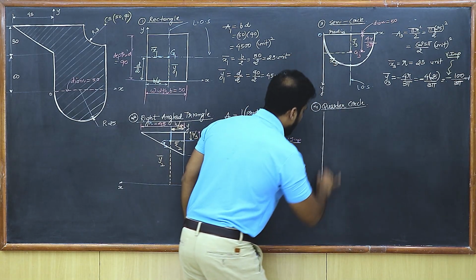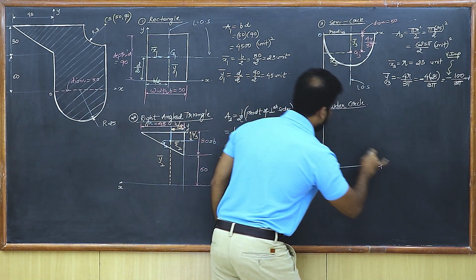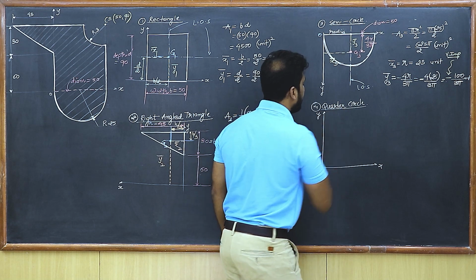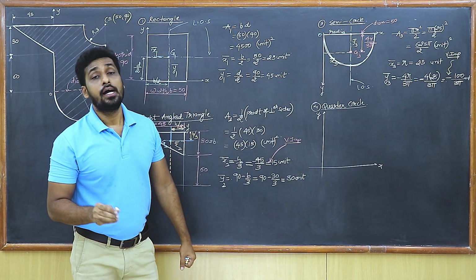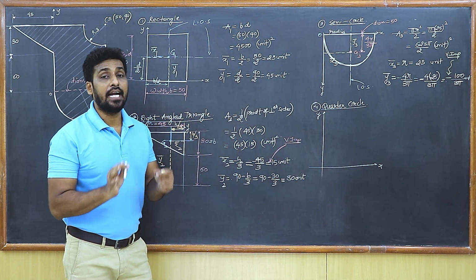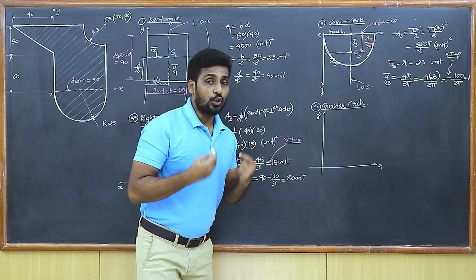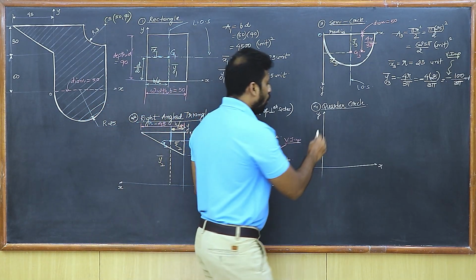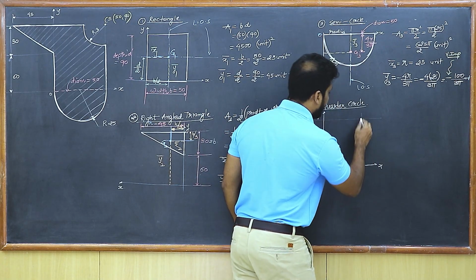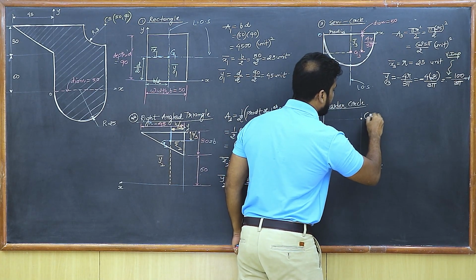So students, I take the x-axis and the y-axis, isn't it? Now again, I'm going to tell you that the diagram is not according to the dimension. We need to just understand the diagram. It has to be an appropriate diagram. So the diagram is not according to scale. So I'm going to locate first of all the center of the quarter circle. That's the center.